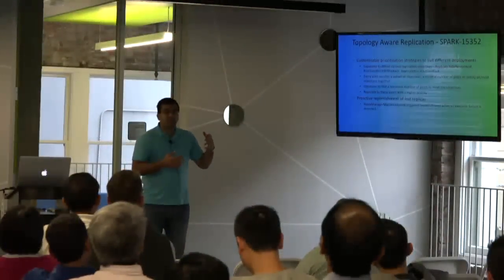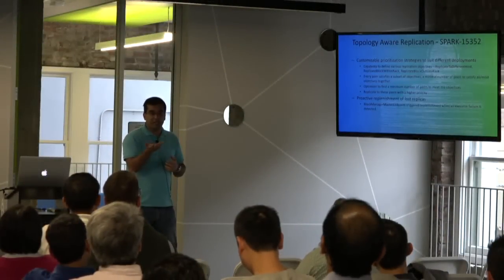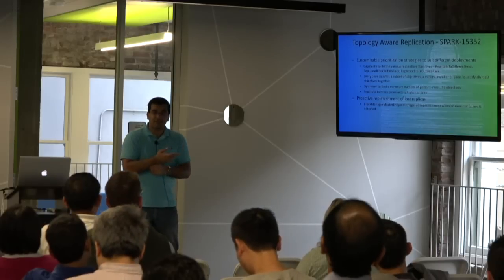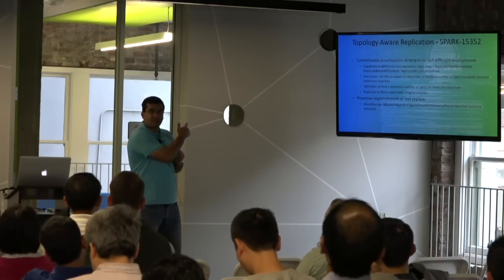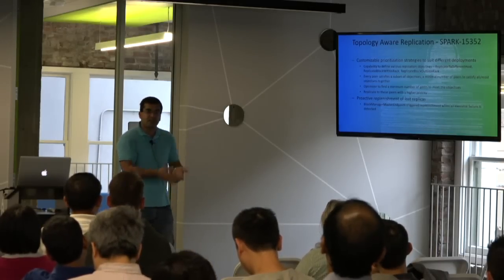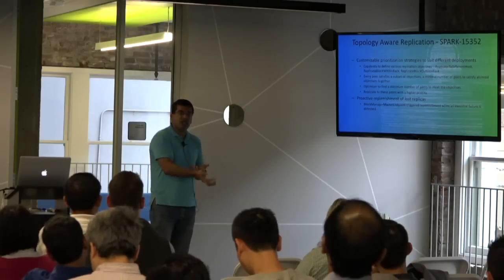You can specify objectives, and if you are familiar with HDFS, these are very similar to what HDFS has, which is having a replica on a node, having a replica within the rack, and then having a replica outside of the rack. The way you specify them would be dependent on the topologies that you're running, right? This is something we have under development, and we should put it out pretty soon.